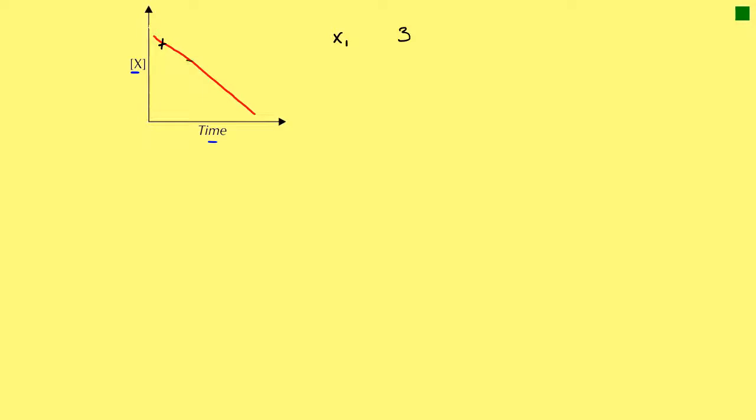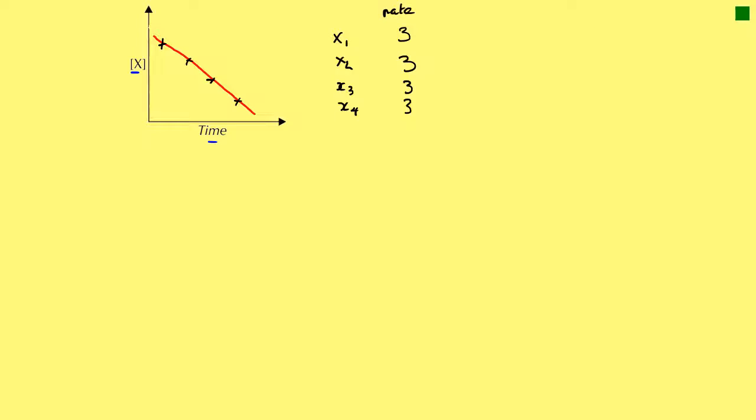All right, and then this point, let's call that x2, it's a straight line, so that's also going to be 3, and that point, let's call those x3 and x4, so that they are both also going to be 3. And this is rate.